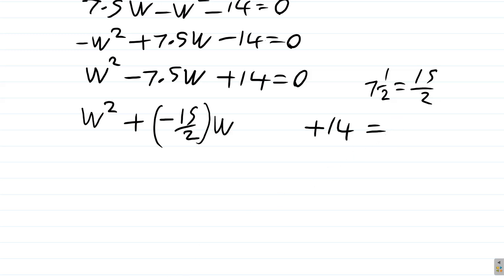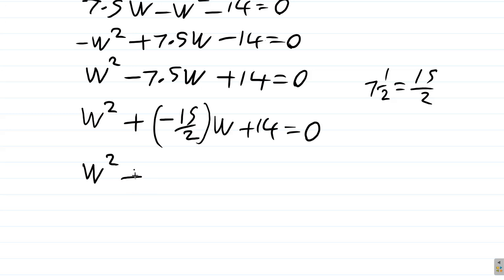Or let's write it this way first. Plus 14 equals 0. I like the idea of practicing the completing the square. Right? So here, if we do that, what we can do is add 14 to both sides. I was thinking of keeping everything on the left at first, but let's add 14 to both sides.